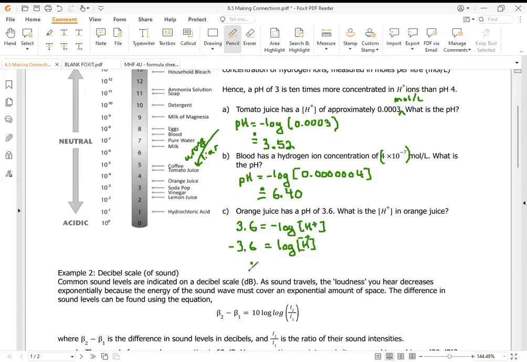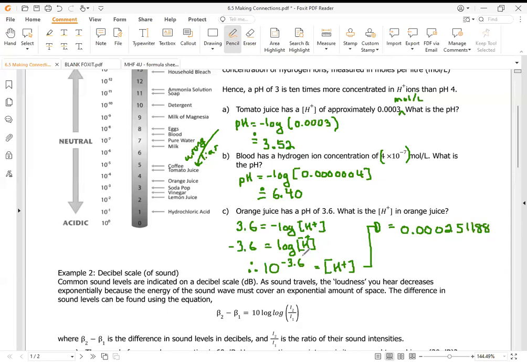Therefore, 10 to the power of the exponent is equal to that, which is equal to, yes? Is there a way to do it without thoroughly rearranging the pH formula? Figure out what the concentration of hydrogen ions is without rearranging the exponential.